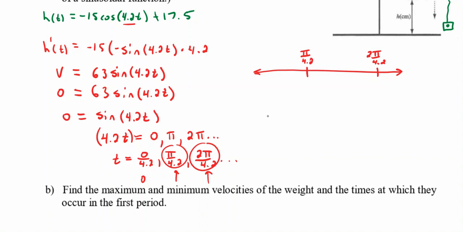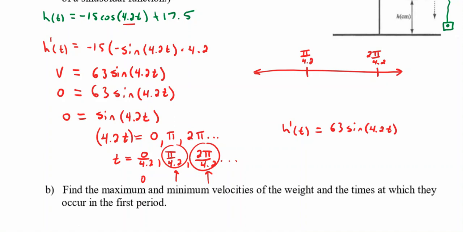The first derivative was h prime, I'll make it red still. h prime of t was equal to 63 sine of 4.2t.